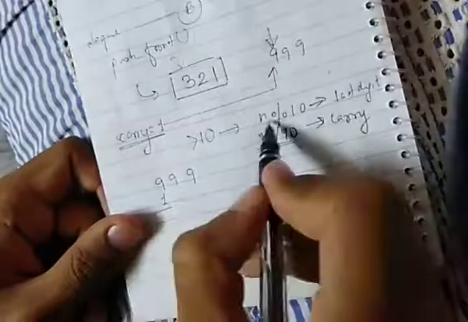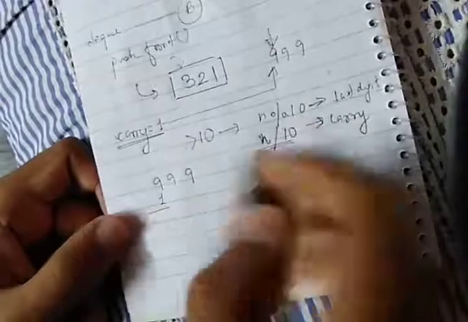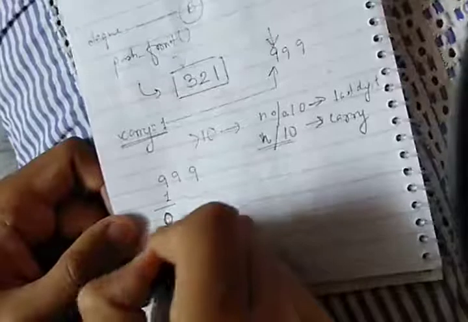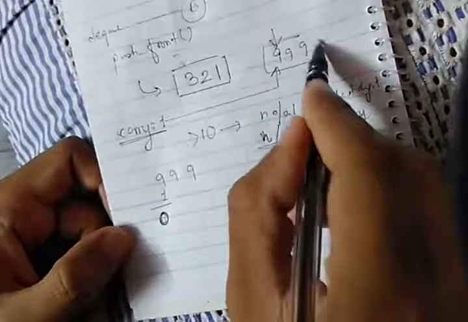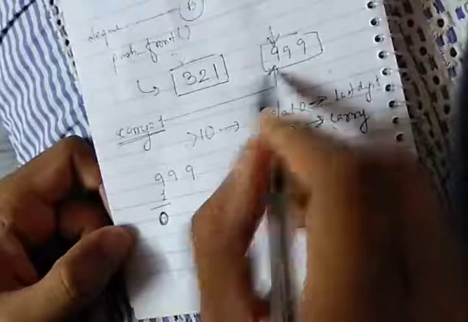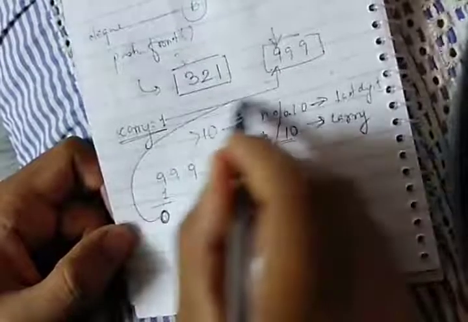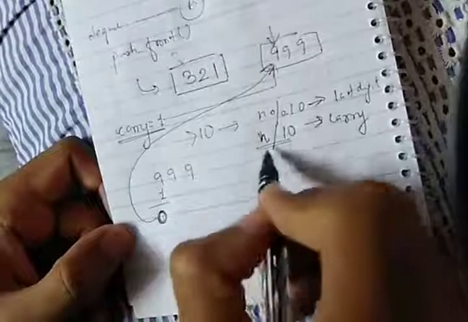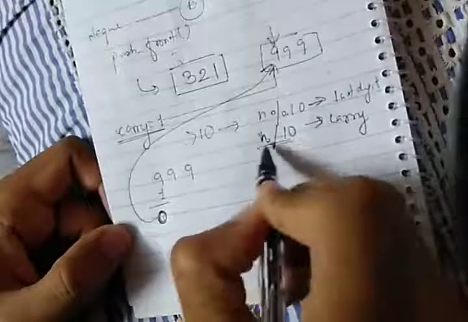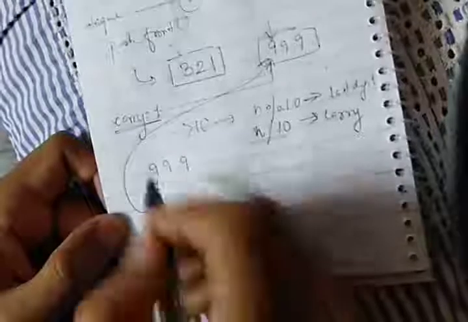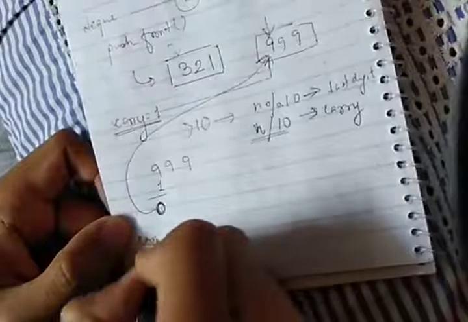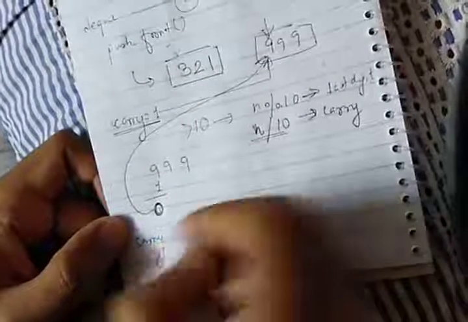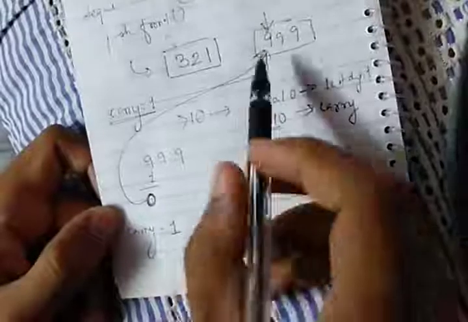So 10 mod 10 will be 0, and this 0 I will update in my deque at the leftmost position, and then I'll do n by 10, which is 10 by 10, which is 1. So I'll update carry with 1, which is already 1, but it will be updated by this n by 10 value, so it will become 1.